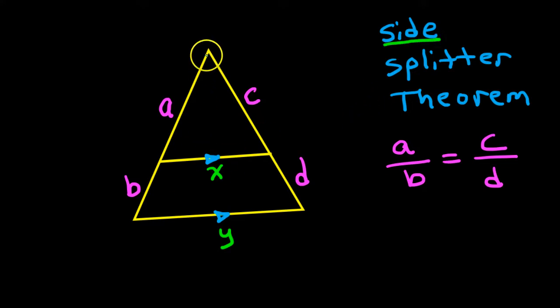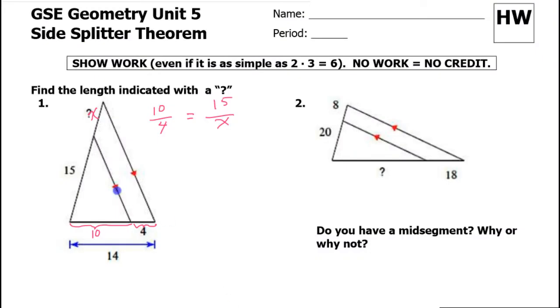We are splitting the sides of the large triangle. We are taking the sides of the large triangle and splitting them into pieces. We cannot use the parallel sides. You cannot use the x and the y. So in this picture, notice that we're not using the parallel sides. We're using the non-parallel sides.